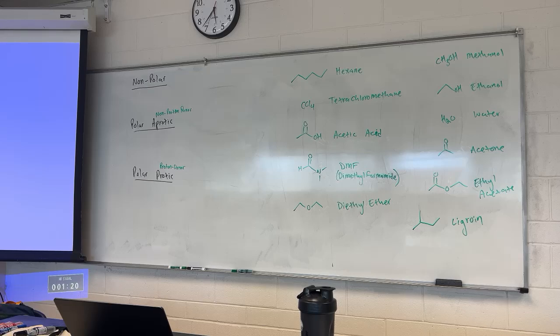Even when you think about water self-ionizes. H2O and H2O become OH minus and H3O plus, which means water is both good at taking a hydrogen and good at giving it away. But carbon does not self-ionize. Methane doesn't form CH5 plus, and that breaks the octet rule anyways.